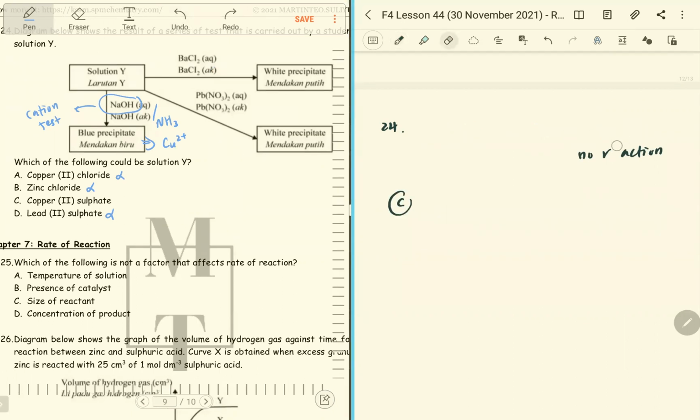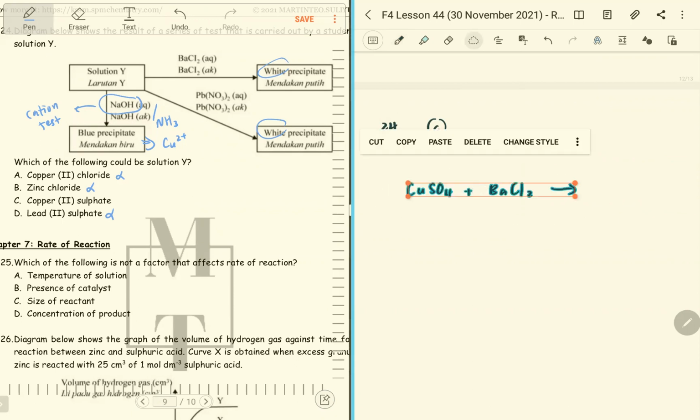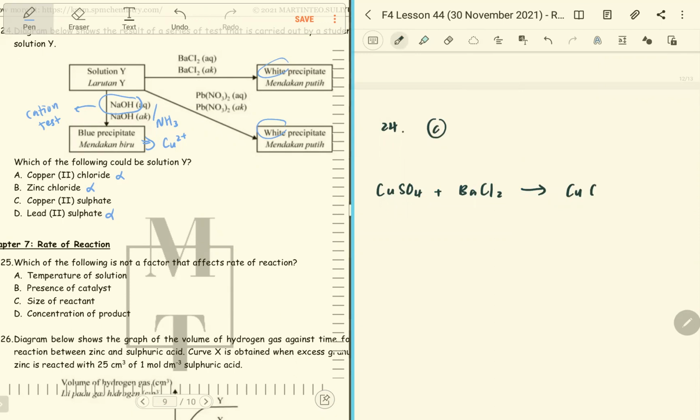But I can show you for answer C why you get this white precipitate for these two reactions. Let me just do quickly. CuSO4, if you react with BaCl2, because these two are soluble, you get double decomposition. Then you will change partner. So Cu now partners with Cl, and barium goes and partners with sulfate.